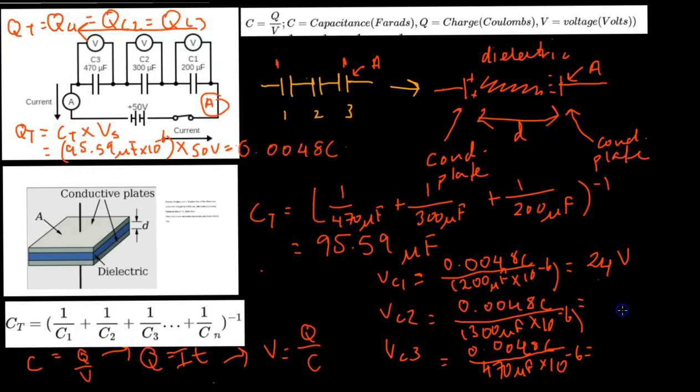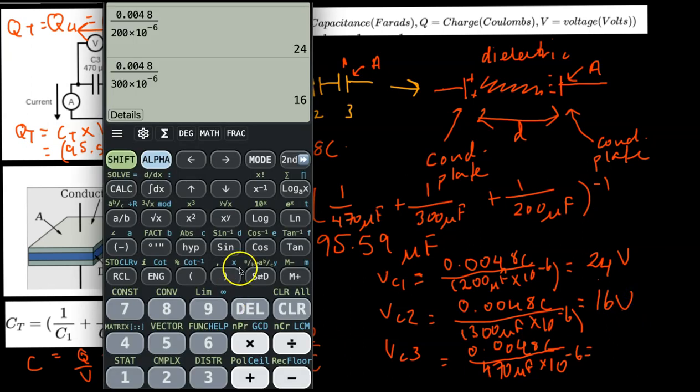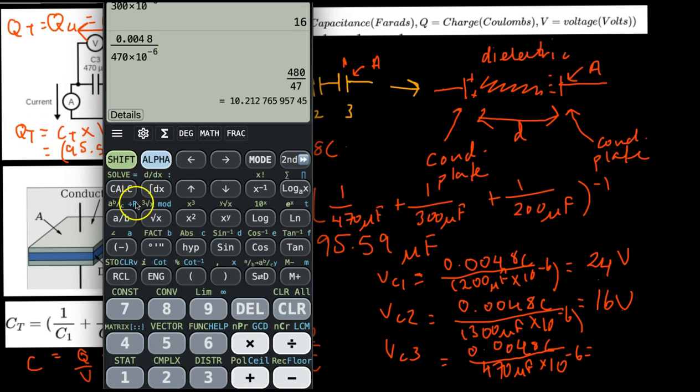That's 16 volts. And the final one, we have 0.0048 coulombs divided by a 470 microfarad capacitor, but we have to change it to farads, 10 to the negative 6. That gives us the remaining 10.221.